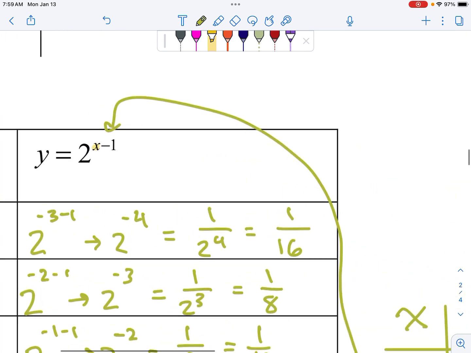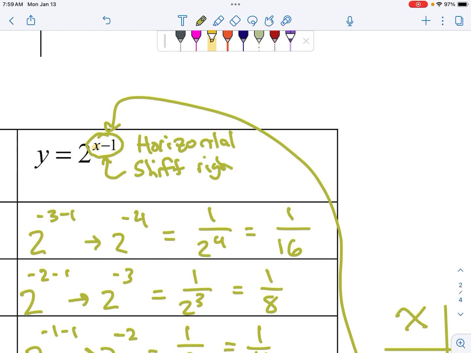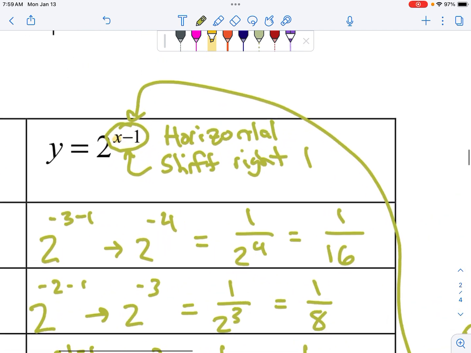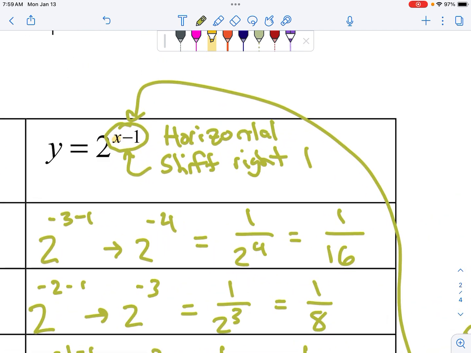So basically, this is a shift, just like it's kind of opposite of what it appears to be. So this is actually a shift, horizontal shift to the right one. If it was to the x plus 1, that would be a shift to the left by 1.